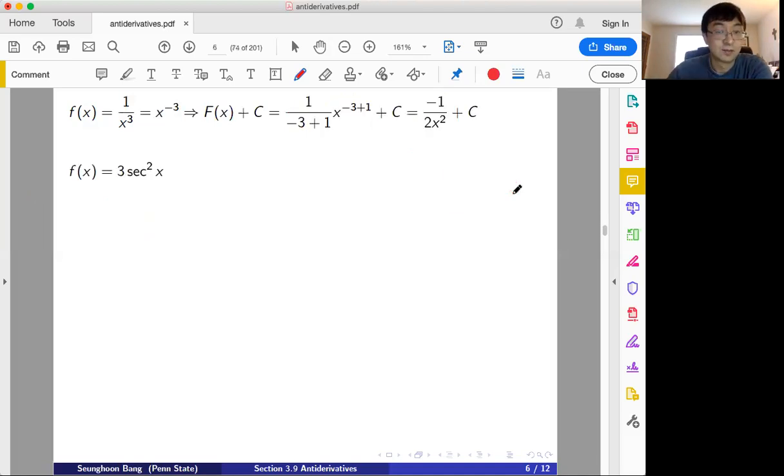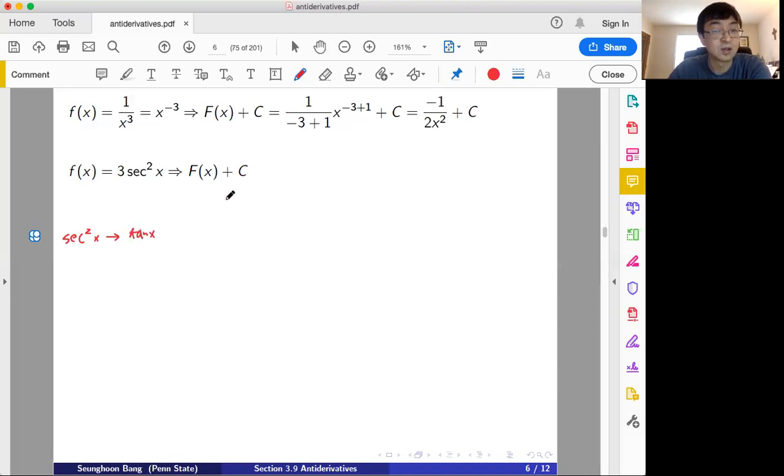The next one. How can you find this one? The same way. You have to use this one: the antiderivative of secant squared of x is just tangent.